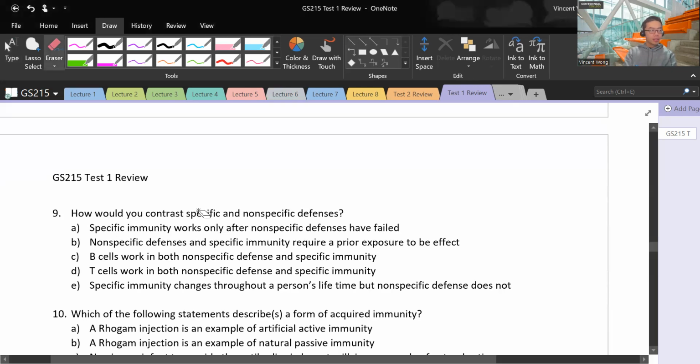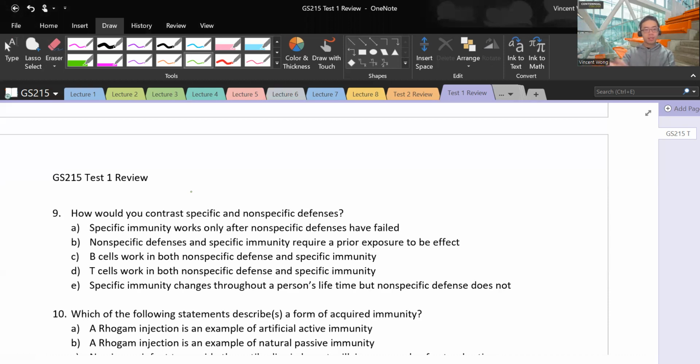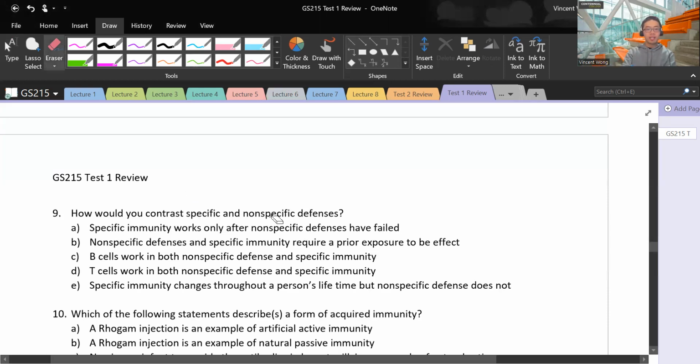Specific means the like the one that we're gonna get when we activate the T cells and the B cells, right? So these are the adaptive immunity. Non-specific is the one that we are born with. And so here it says specific immunity works only after non-specific defense have failed. So that's not true.